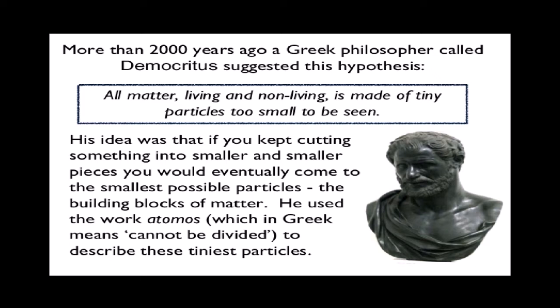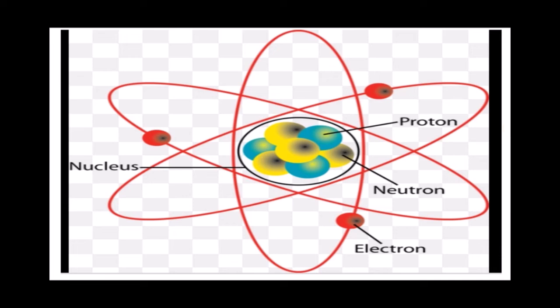His idea was that if you kept cutting something into smaller and smaller pieces, you would eventually come to the smallest possible particles, the building blocks of the matter. He used the word atomus, which in Greek means cannot be divided, to describe these finest particles.